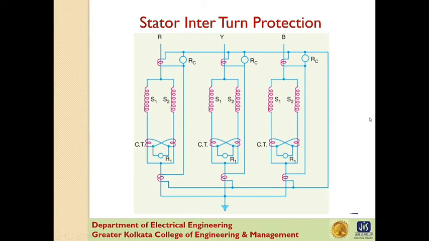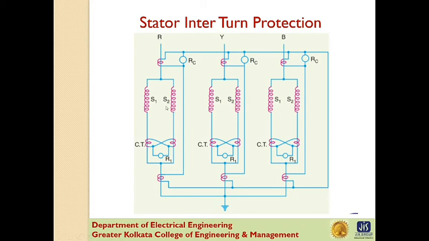Now this figure shows the schematic representation of the circulating current and interturn protection of a three-phase double-wound generator. The relay coil RC provides protection against phase to ground and phase to phase fault, whereas the relay R1 provides protection against stator interturn fault. Now the duplicate stator winding S1 and S2 is provided with the provision against interturn faults.